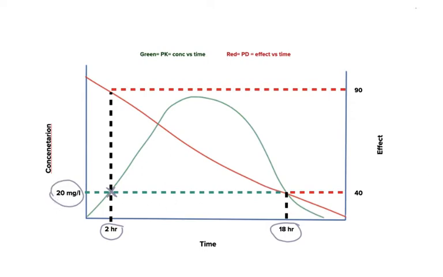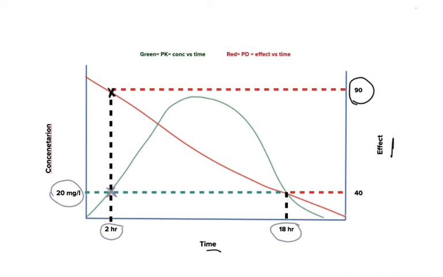What if we want to know the effect of the drug at that time? Then we want to consider the PD, which is this red line here, the effect versus time. So at 2 hours, we're having this effect, which is 90.